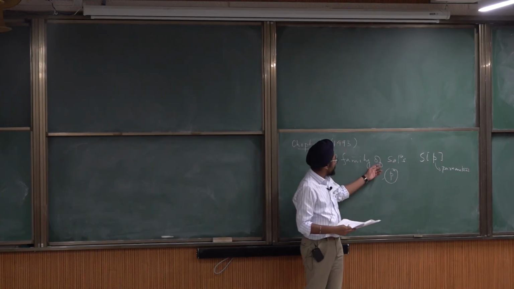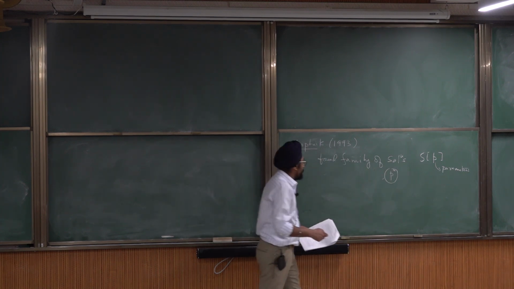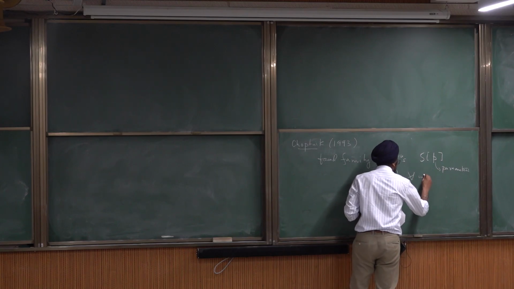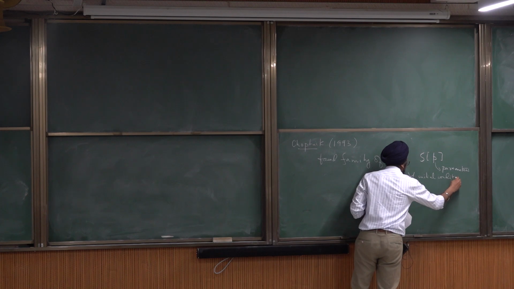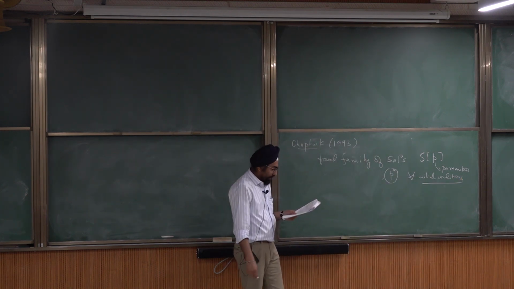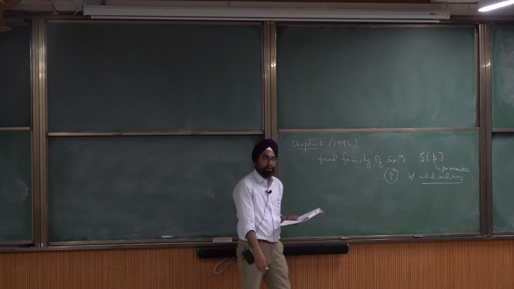The solutions which he found were universal in the sense that they were valid for almost all initial conditions. So it's a universal scaling, and in particular he found that it's independent of the initial conditions.